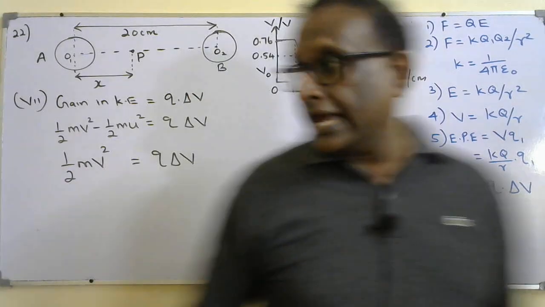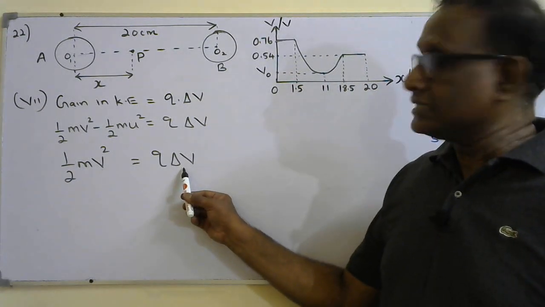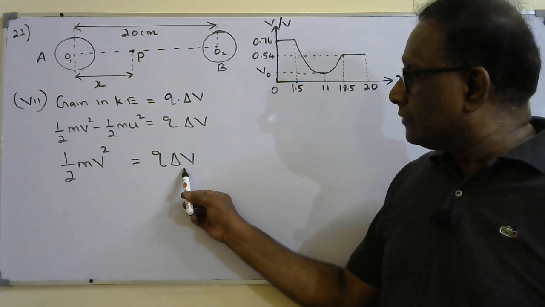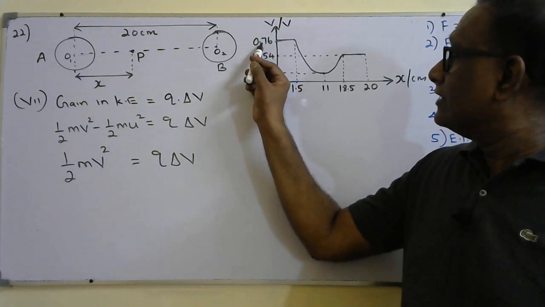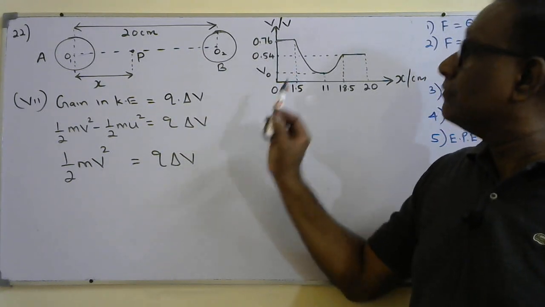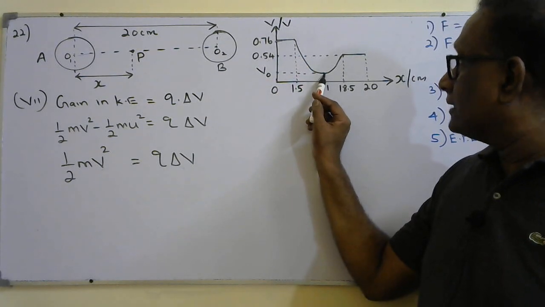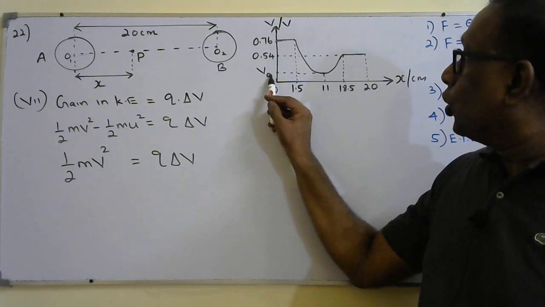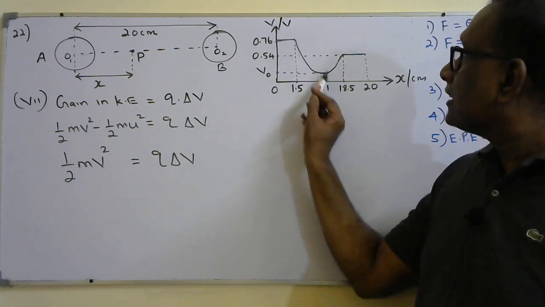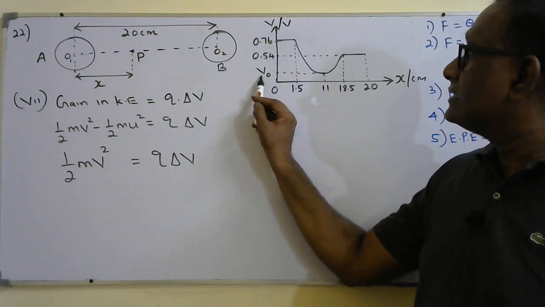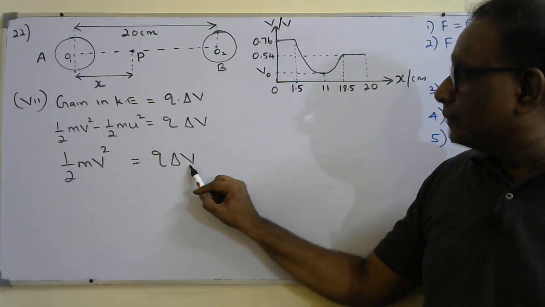So to have the maximum final speed, delta V should be the maximum compared to the initial potential, which is 0.76. The maximum difference happens at 11 centimeters, because that is the point with the lowest potential. So considering this point and this point, the potential difference will be 0.76 minus V naught, which we found as 0.19. That could be the maximum.